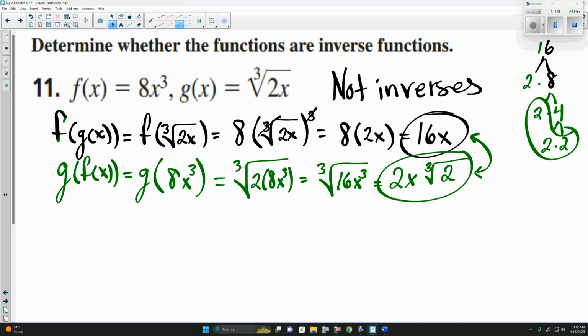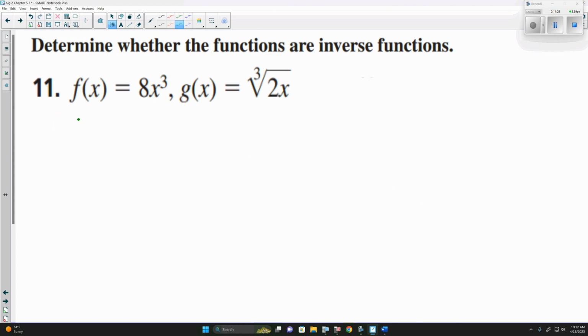And I believe for this to be inverses, g of x would need to equal the cubed root of x over 2, if these were actually to be inverses.